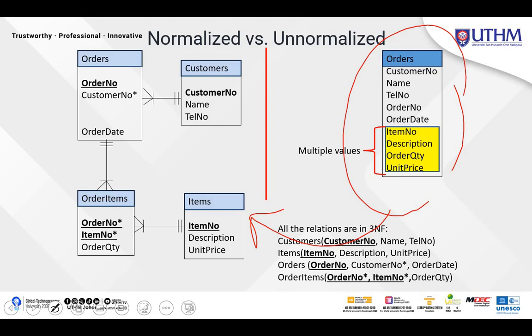You see the difference, the big picture of the normalized and unnormalized version of the table. The same table has now been converted into 4 different tables, and they are all in third normal form. So no issue, which means your database design is perfect now.